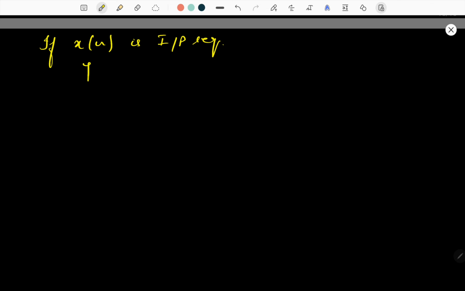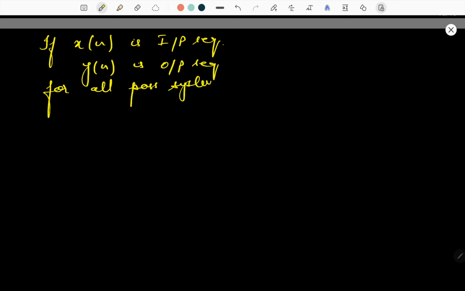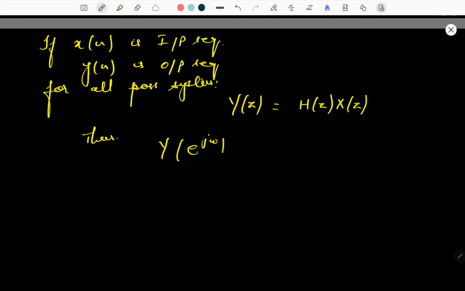Now if x(n) is the input sequence and y(n) is the output sequence, then for an all pass system, Y(z) will be equal to H(z) X(z). Thus Y(e to the power j omega) will be equal to H(e to the power j omega) into X(e to the power j omega).